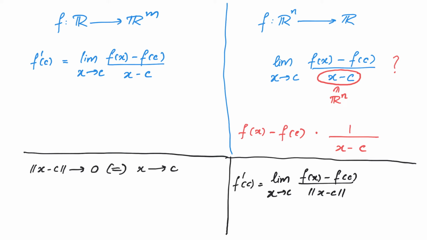Let us see if this candidate definition makes sense. Consider the function f from R2 to R defined as f(x, y) equal to x. Intuitively, we feel that this function should be differentiable. So let us test if this is differentiable under the definition we came up with.